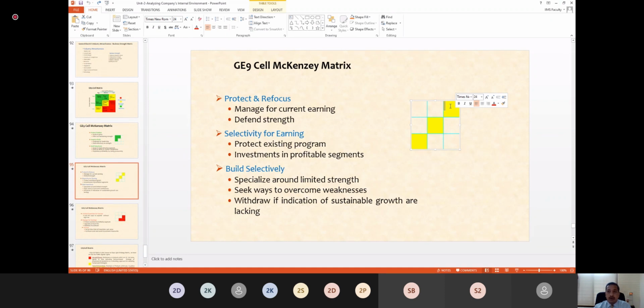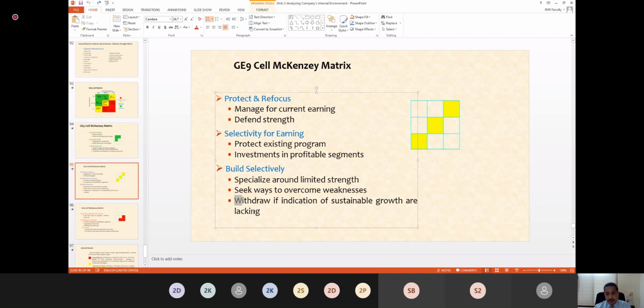We have to understand whether the industry has future growth or not. If we judge that the business may not grow in future and may not provide any sustainable growth, we have to decide on withdrawing the investment from that kind of business.